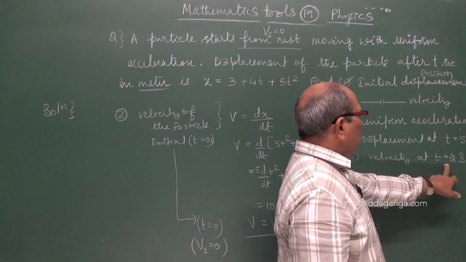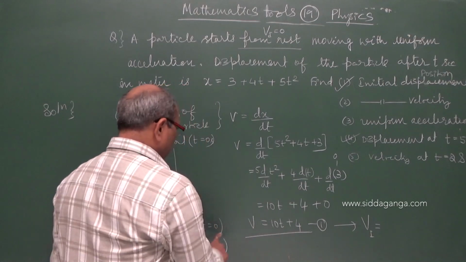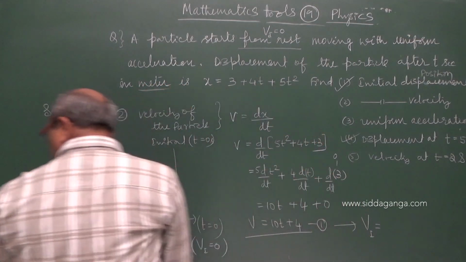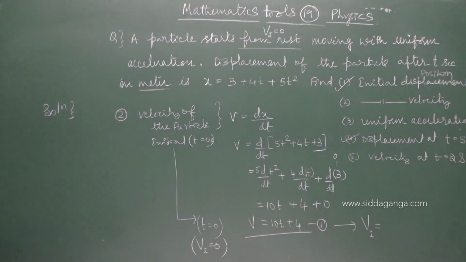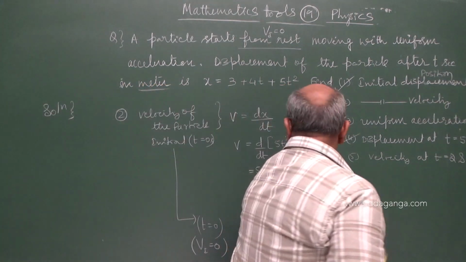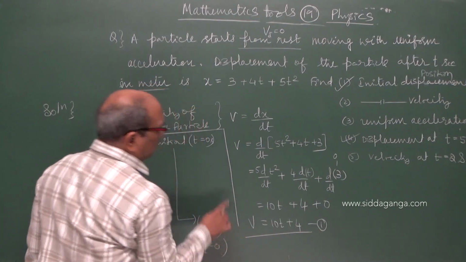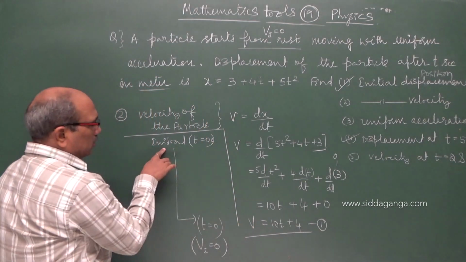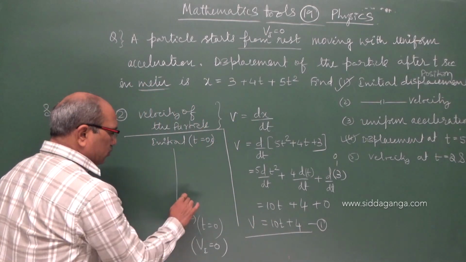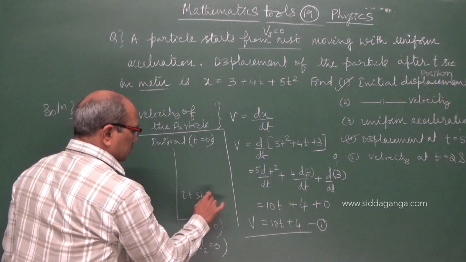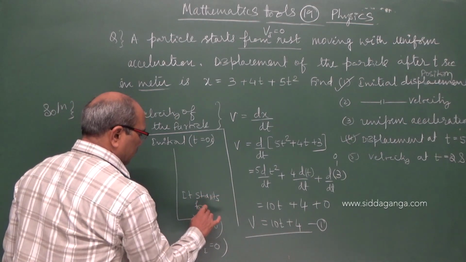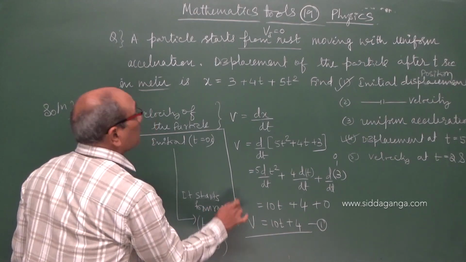Velocity at time t equal to 2 seconds. This expression is for velocity. Initial velocity is 0 because it starts from rest, given in the question itself.